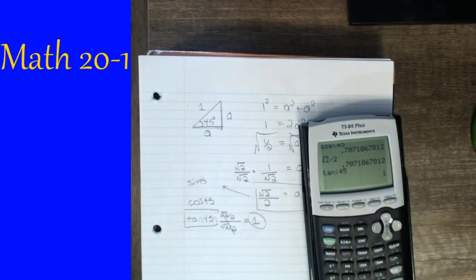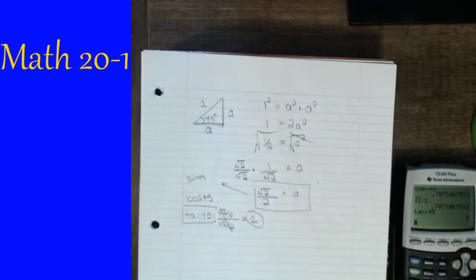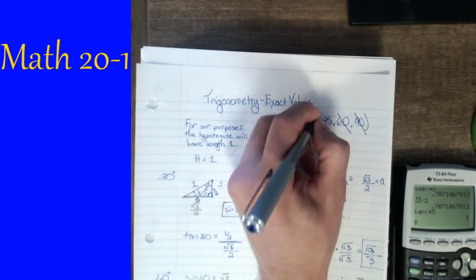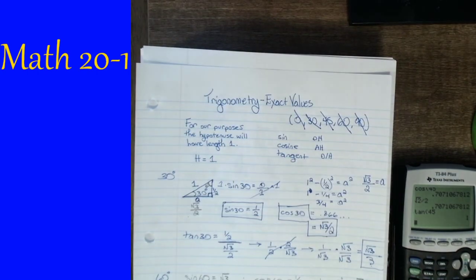The algebra can be a little bit tricky, so just keep that in mind. However, that should be everything you need to know for the exact values of some of the basic angles, which again were 0, 30, 60, 90, and lastly 45.